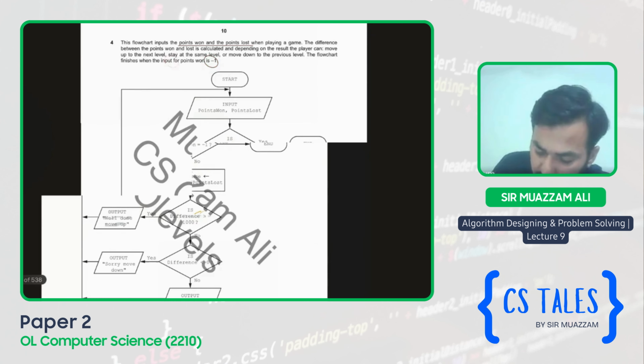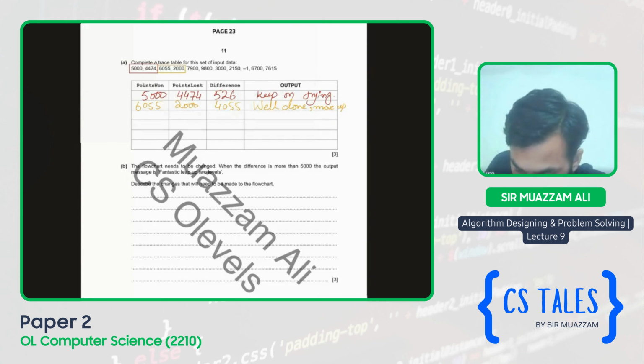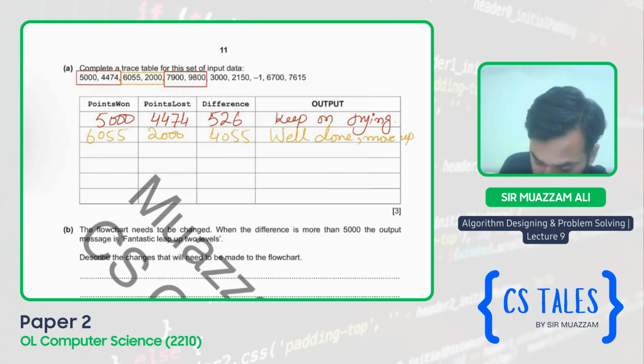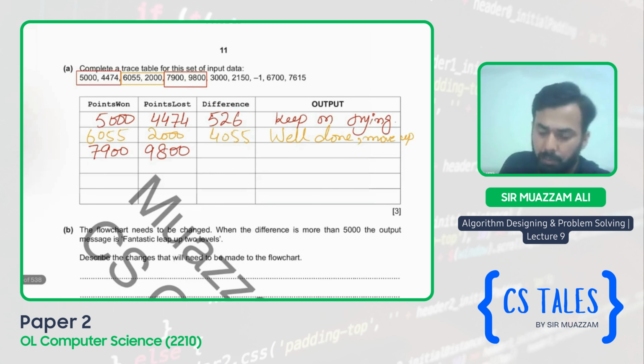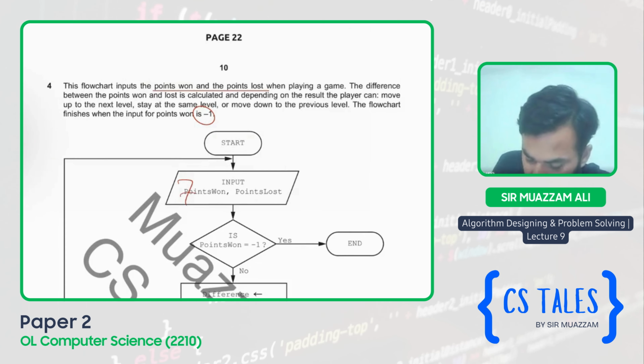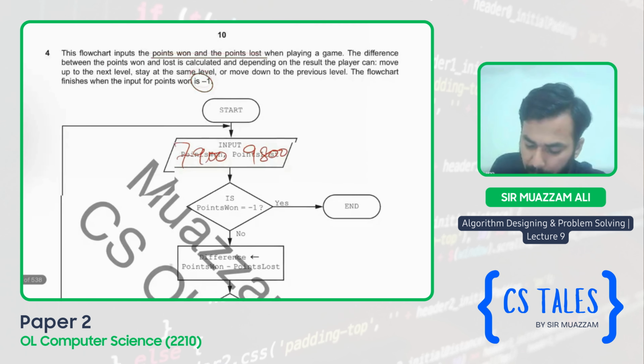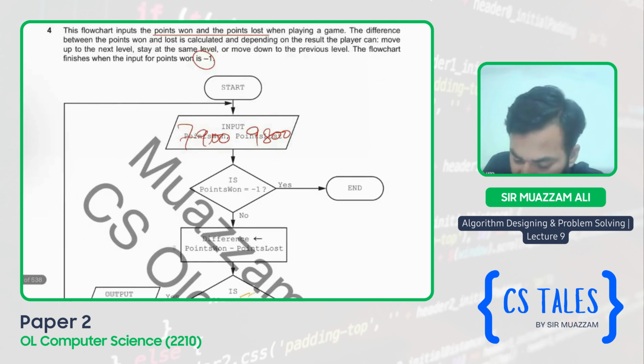So the next input is 7,900 and 9,800. Is points won, 7,900, equal to minus 1?